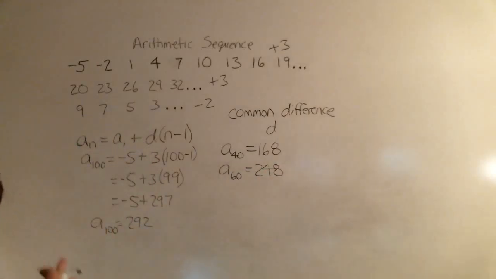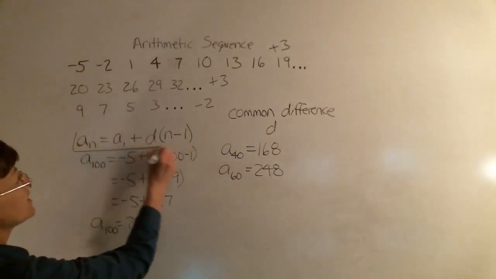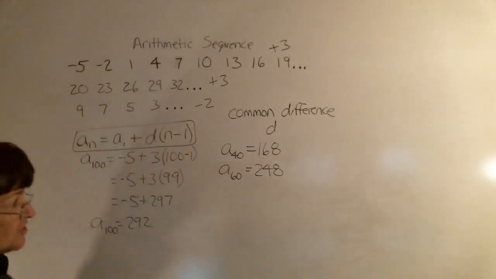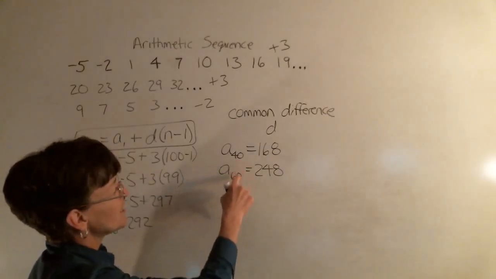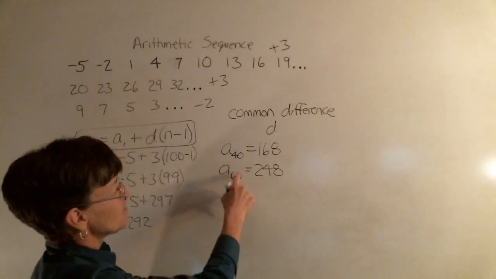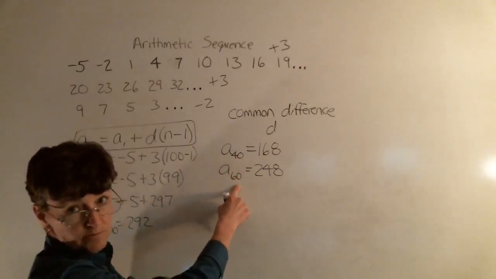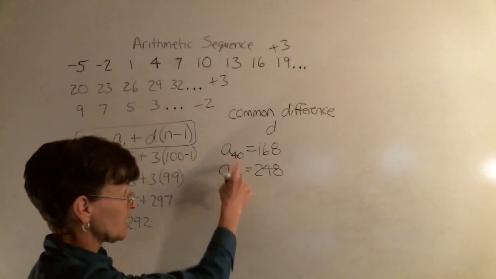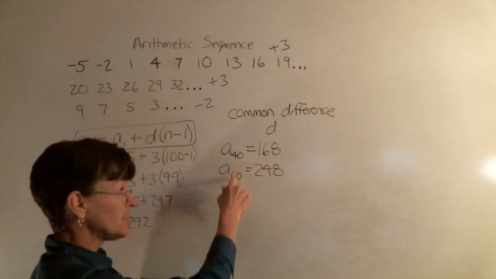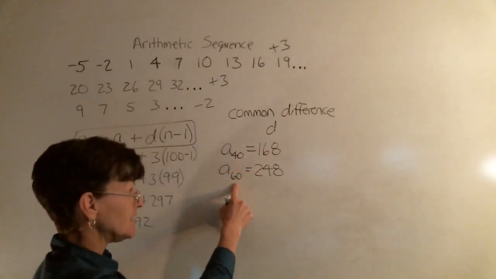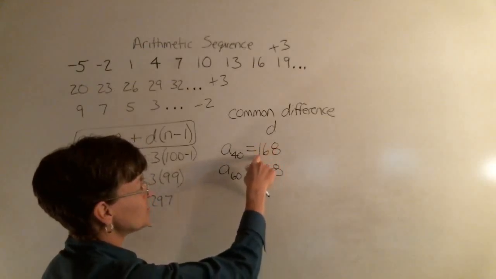All right, well, let's see if we can come up with an nth term pattern for this sequence. Well, I know that from 40 to 60, there's 20 numbers. I'm going to have to add D 20 times. To get from 40 to 60, I'm going to have to add D 20 times. So there are 20 D's between here and here.